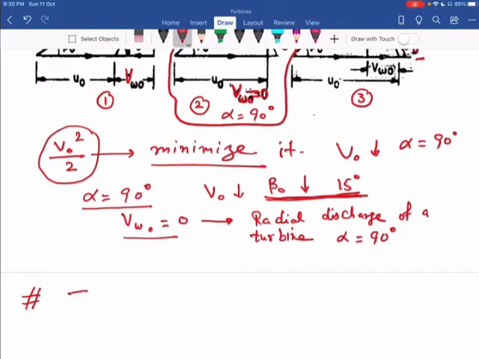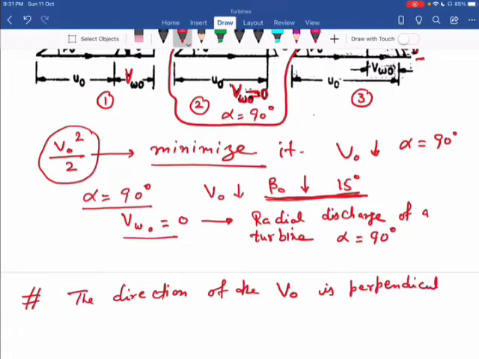You can also note down that the direction of the absolute velocity of water, the direction of VO, that is the absolute velocity at the outlet, is perpendicular to that of the tangential velocity.